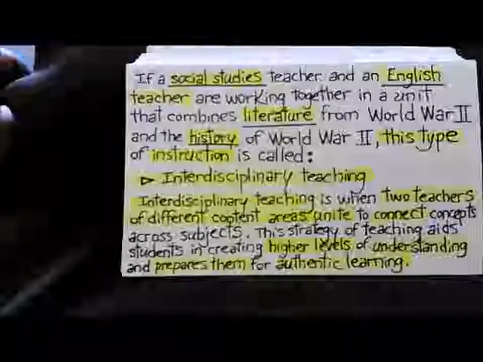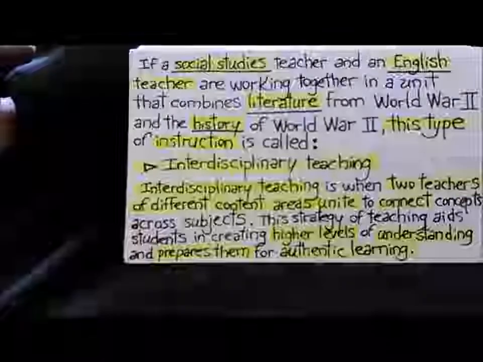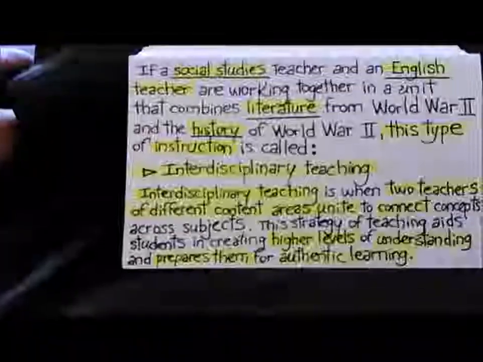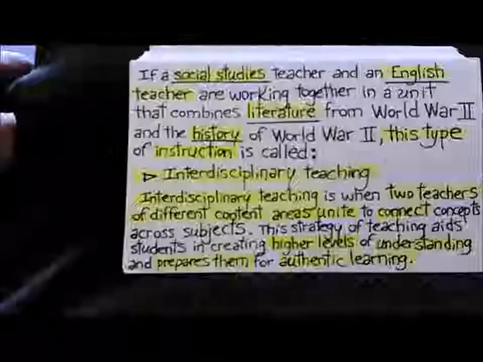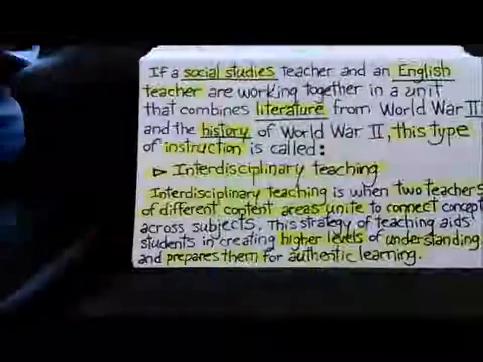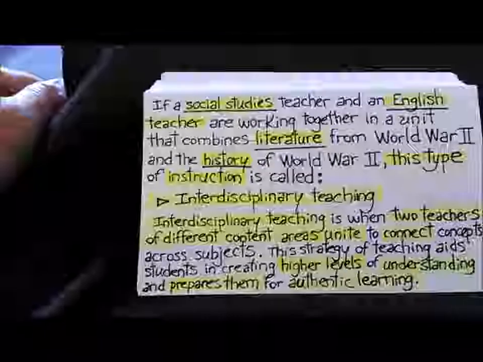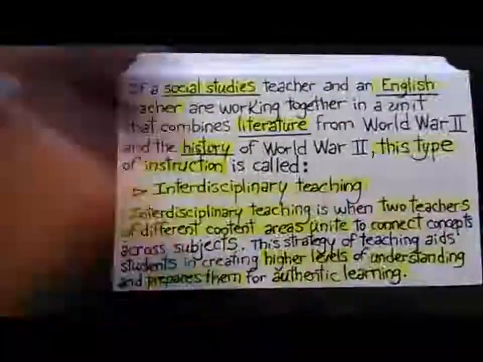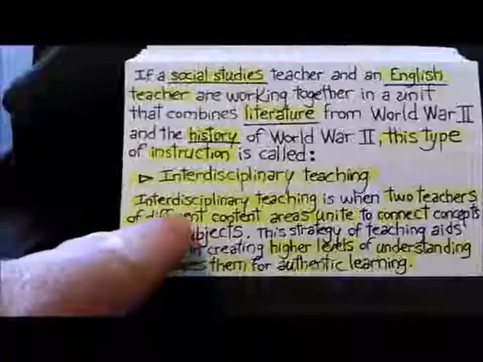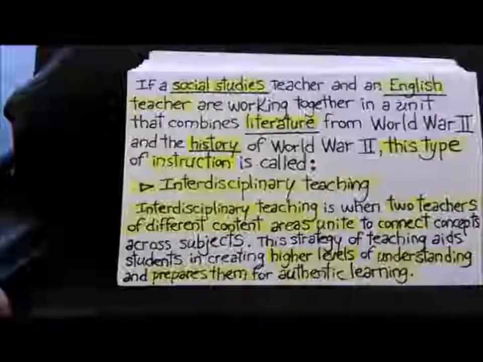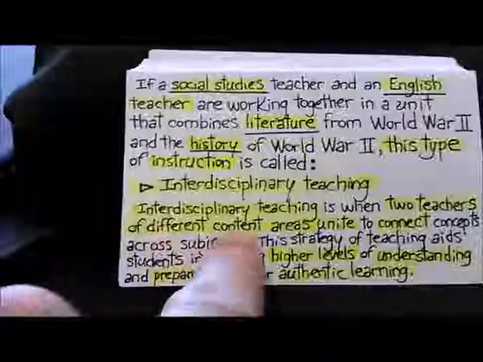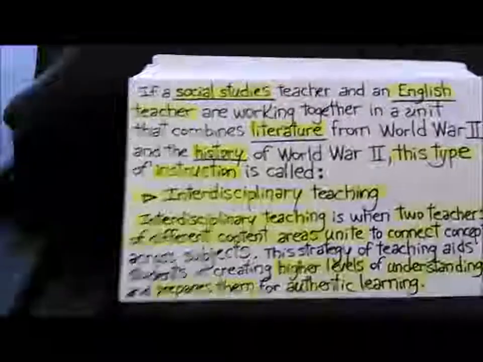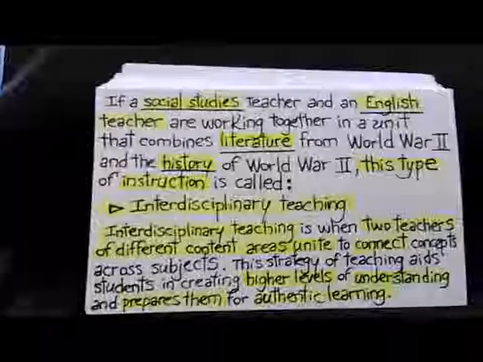So, if a social studies teacher and an English teacher are working together in a unit that combines literature from World War II and the history of World War II, literature and history, this type of instruction is, of course, interdisciplinary teaching, because interdisciplinary teaching is when two teachers of different content areas unite to connect concepts across subjects.